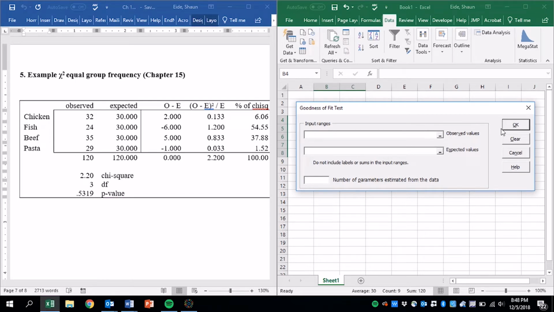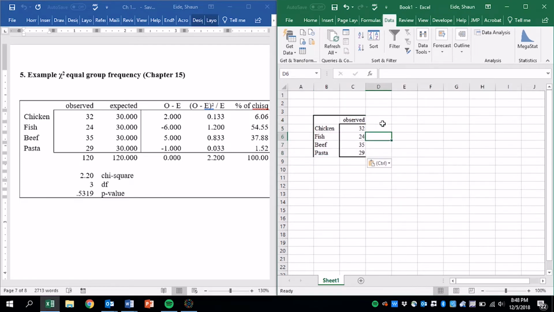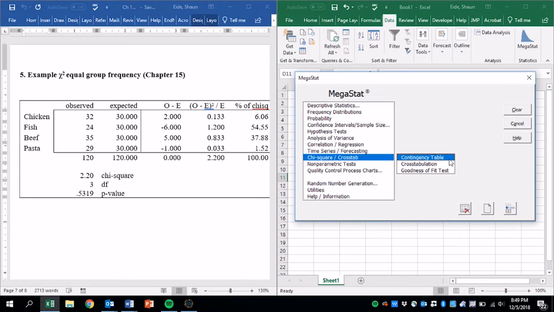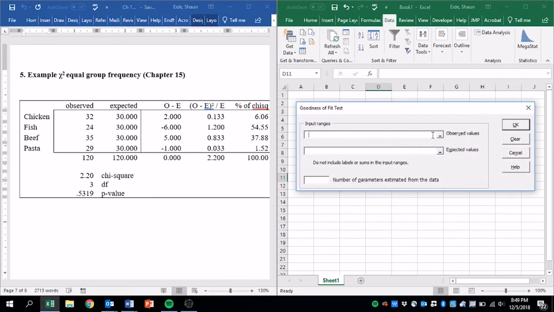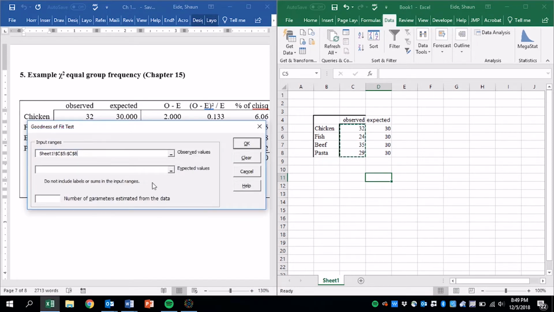Actually, I've got to put in the expected values: 30, 30, 30, and 30. So chi-squared, goodness of fit test, and then I'm going to select the observed values. These are the observed values right here. And then I'm going to select the expected values, which are right here. You'll notice they're paired up. I highlighted them in a row.